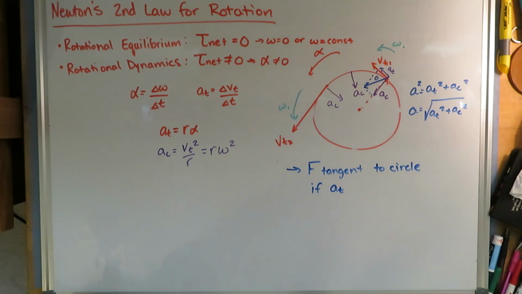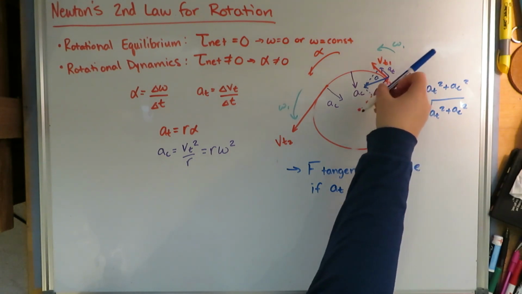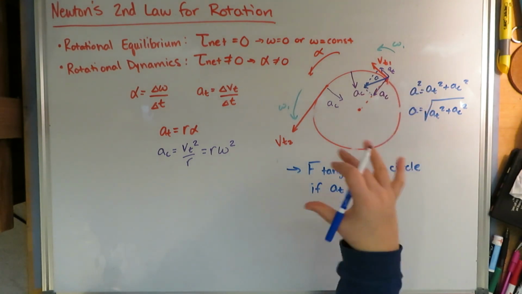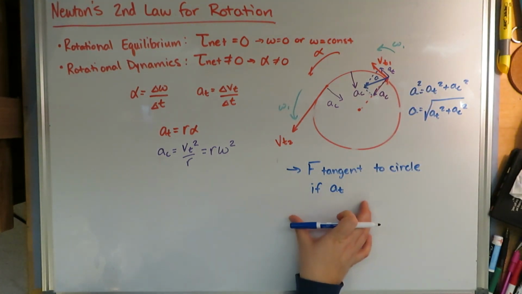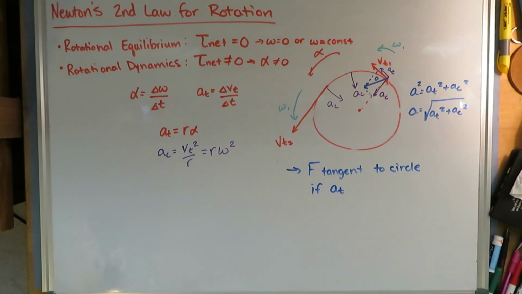So if I'm going to change speeds around the circle, I have to have a component of the force that is tangent to the circle. Now, if I'm going in a circle, there has to be a force that is also pointing in. I have to have a centripetal force if I'm going to change directions, but now we're talking about the force that's required to actually cause the object to change speeds around the circle.